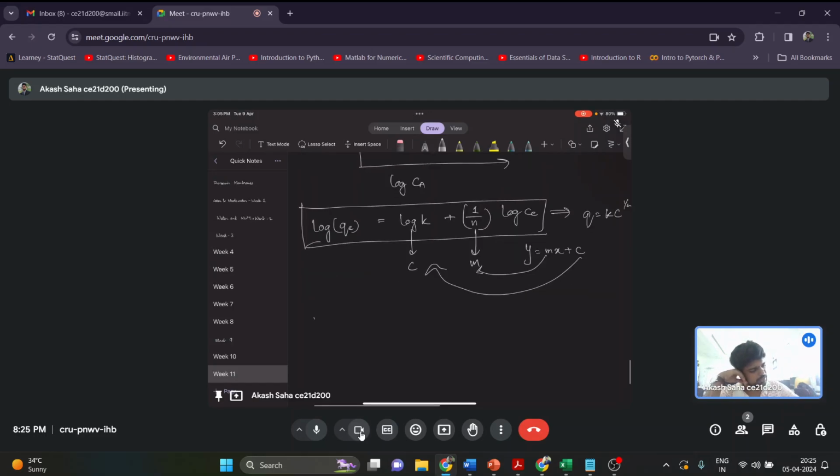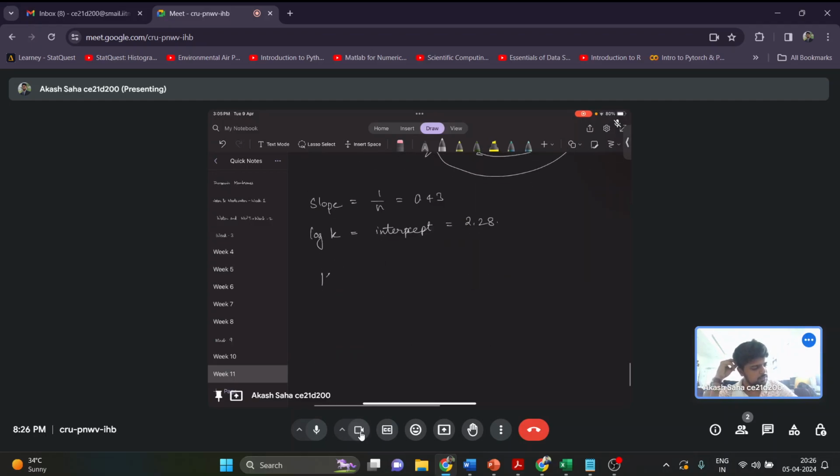So simply we can write slope is equal to 1 by n and the value is 0.43, and log K is equal to the intercept, which is 2.28.